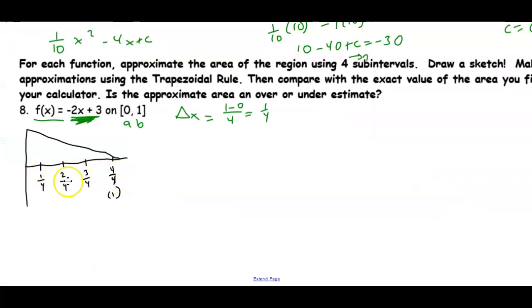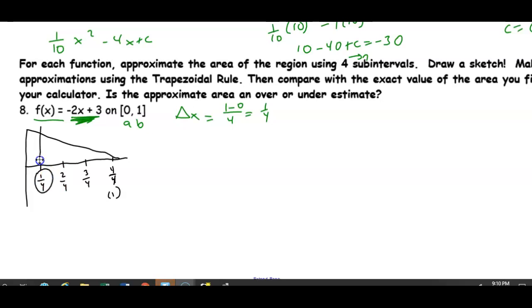So there's my graph. Now what I got to do is I need to find the height of these values right here, these lines. I need to find the height.